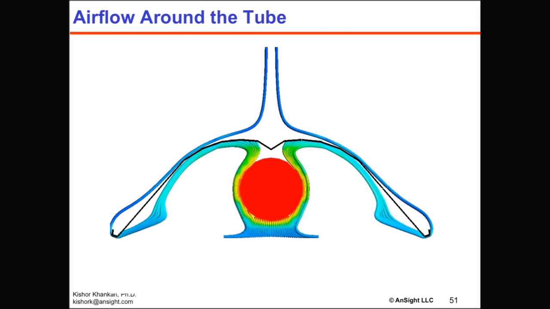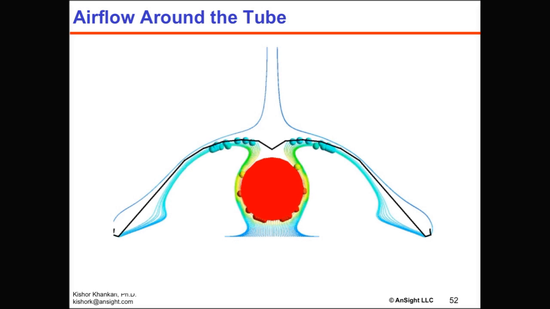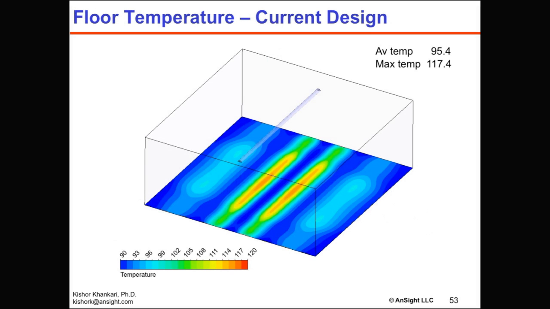Look at what happens inside that reflector. You see that red hot tube is there, and this is the airflow in that reflector, how the air moves. We can even animate that, and you can see what that tube is doing is it's pulling the cold air around it, and it's going around it and going around the reflector and going out.